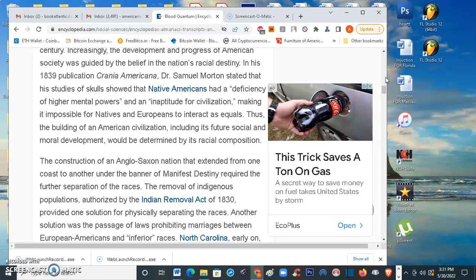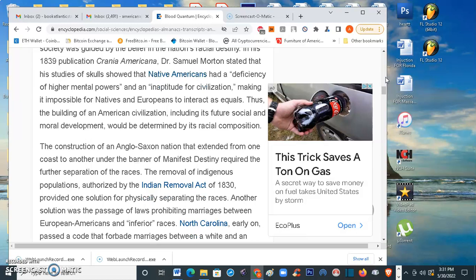Thus, the building of an American civilization, including its future social and moral development, would be determined by its racial composition. All right, and this is where you get all that Five Civilized Tribes and all this stuff going on. The civil rights movement, it was to integrate within that society of the foreigners.